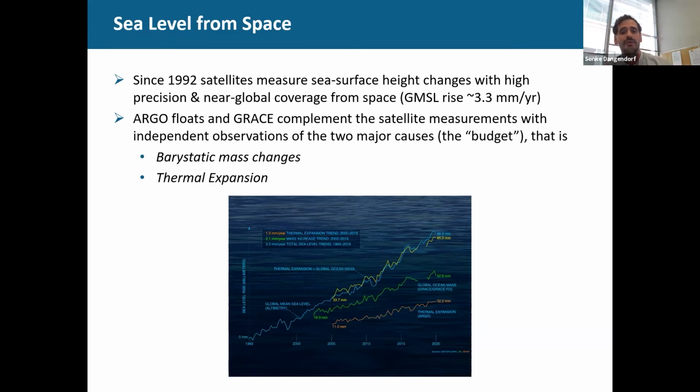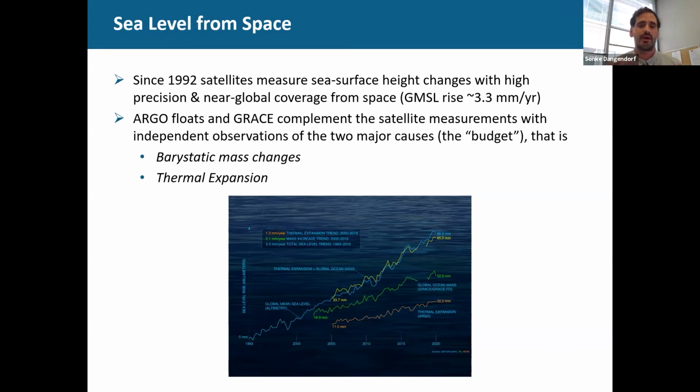In addition to these satellite measurements of sea level itself, we nowadays, since 2003 and 2005, also have complementary measurements of the individual contributions or the two major causes of sea level change. There are two causes. One is, of course, we can either add or remove mass to the ocean.